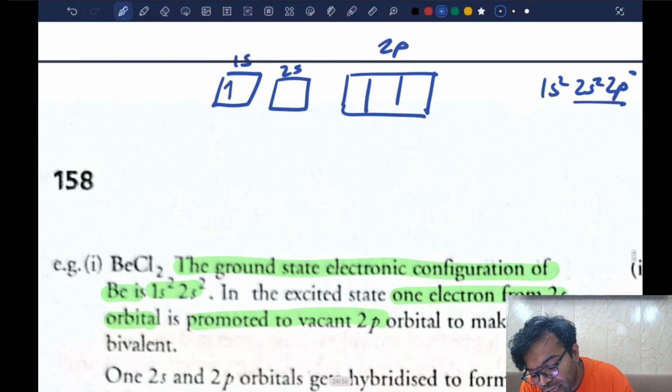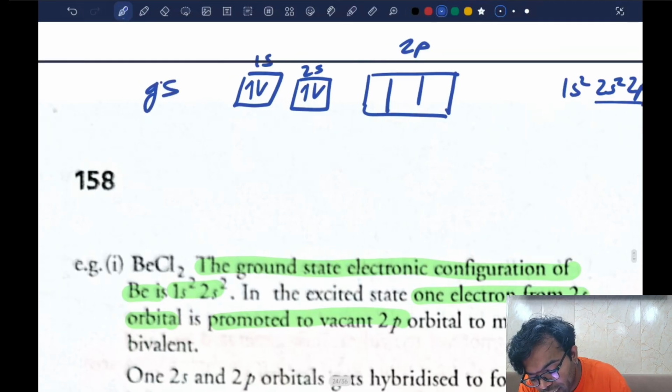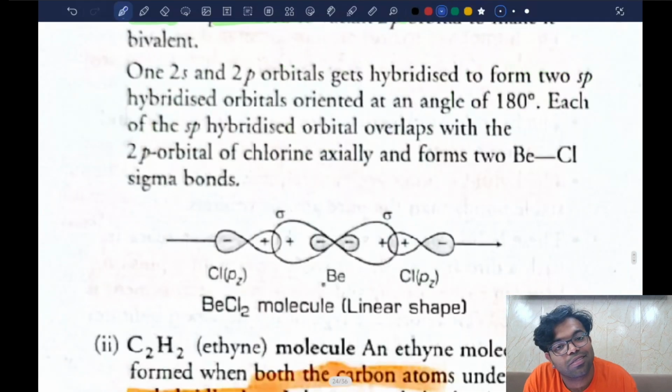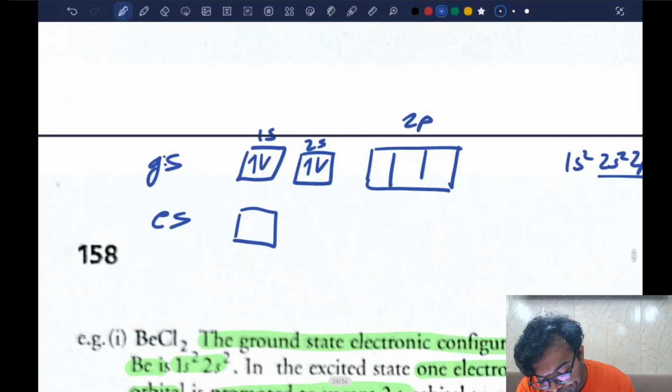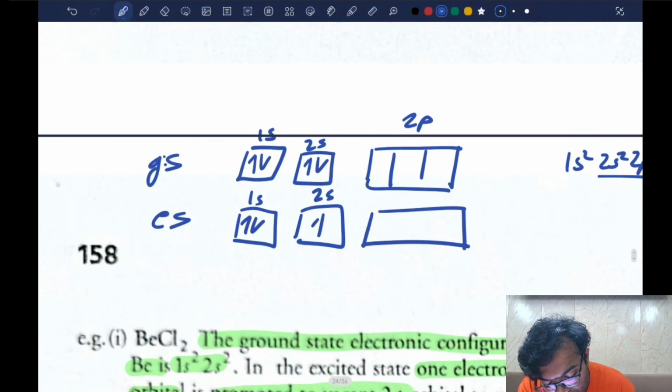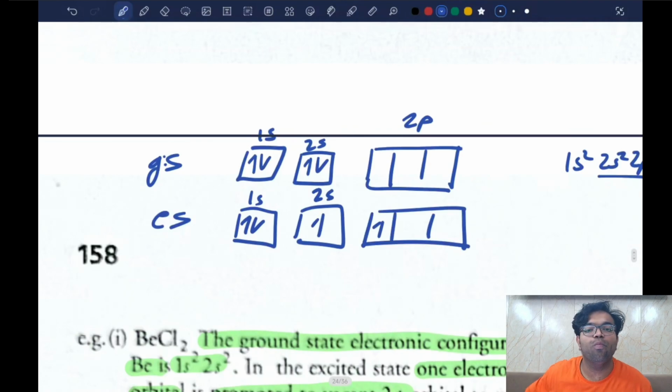In the ground state, this is how the arrangement goes. But in the excited state, one of the electrons from the 2s jumps into the 2p orbital. The 1s is completely full, the 2s becomes 1, and one electron goes into the 2p orbital. This is what I call promotion of an electron.